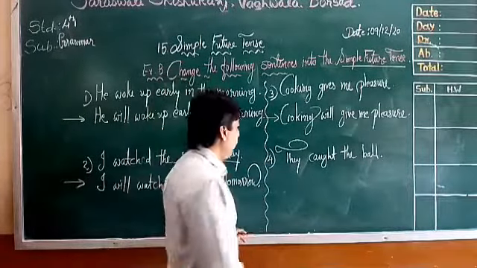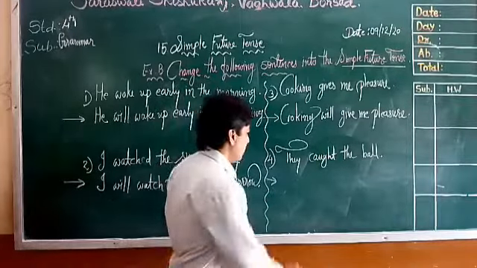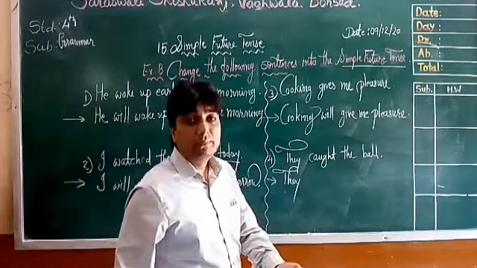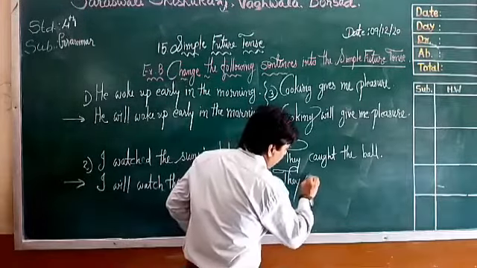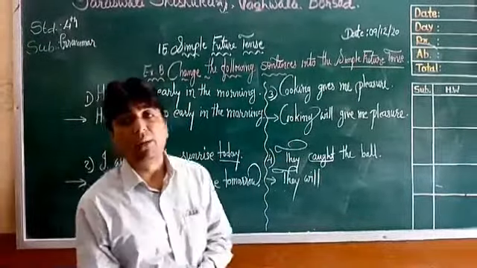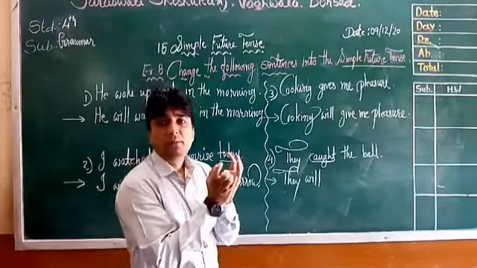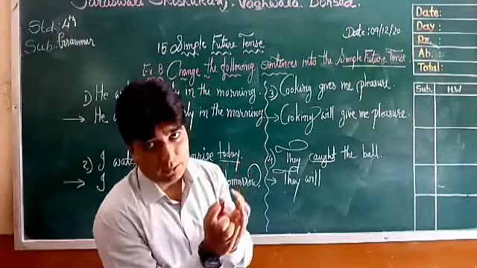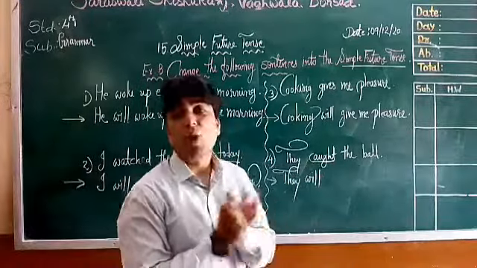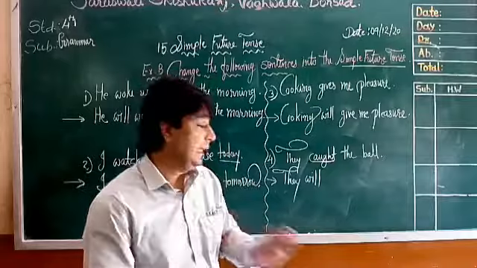Okay. Fourth one. They caught the ball. Alright. So first we will write subject they. Immediately will. They will. Now this is the past form of the verb, caught. The action of catching the ball. So what is the present form? We know everything, right?